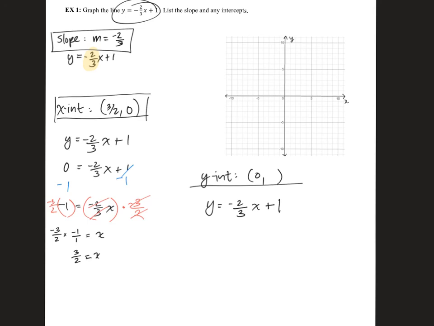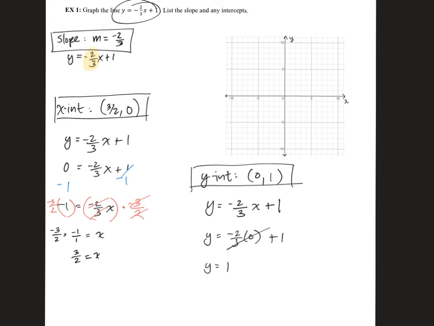Plugging in 0 for x, let's see what we get. Well, that goes to 0, so y equals 1. So yep, that does work, because you're always plugging in 0 for x, so this value is always going to disappear, and whatever is left over is your intercept.